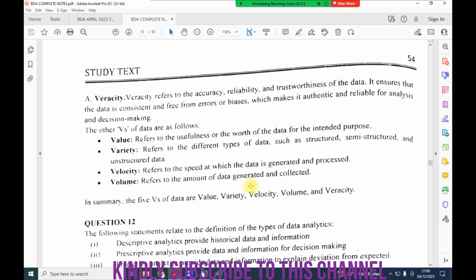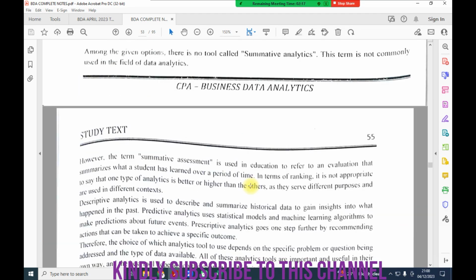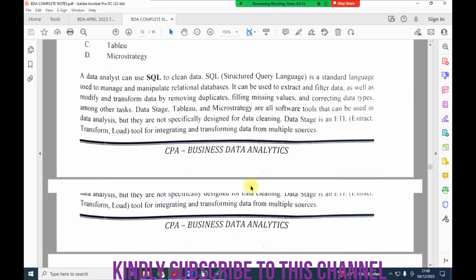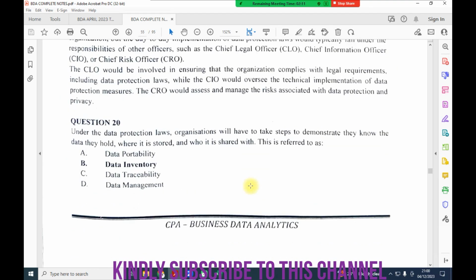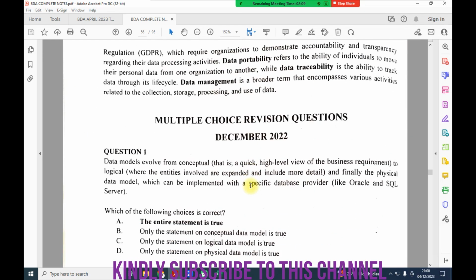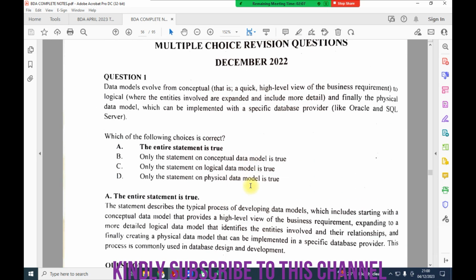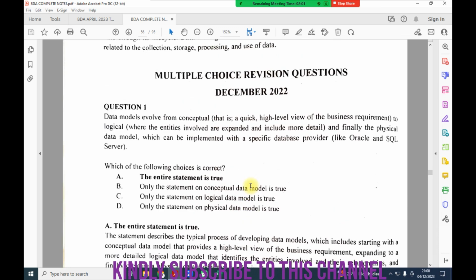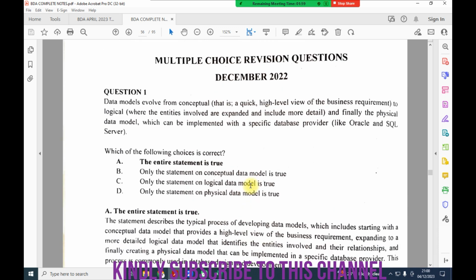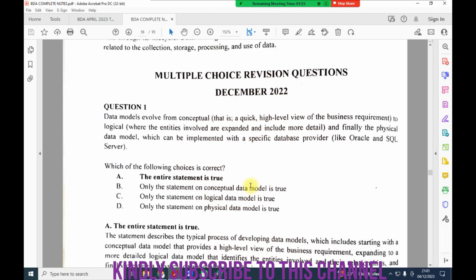Even December they have covered here. When you're done with these, the multiple choice revision question for December 2022, even this one is covered. So you'll go through this one because you already have the answers, unless you feel you need any clarification.